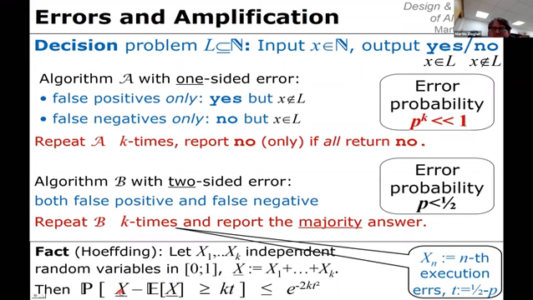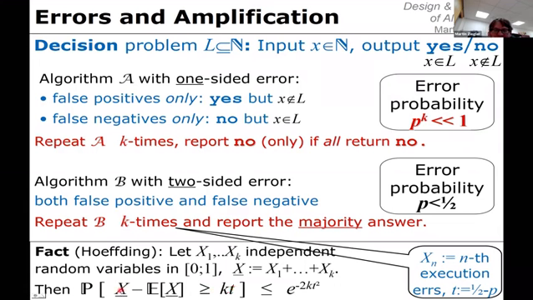And this is the actual number of errors. So this difference means that the number of failures exceeds k times p by at least 1 over 2 minus p times k. Or put differently, what this event means is that more than half of the executions give an error, right?